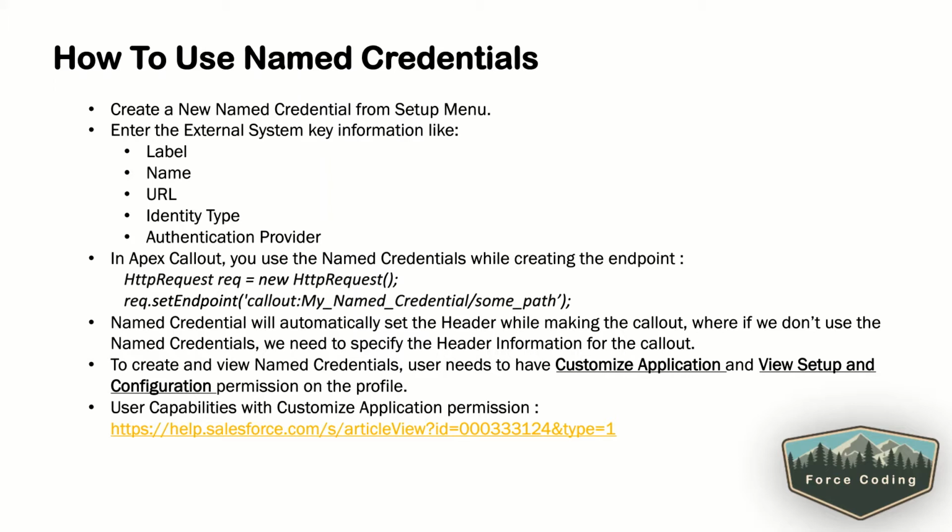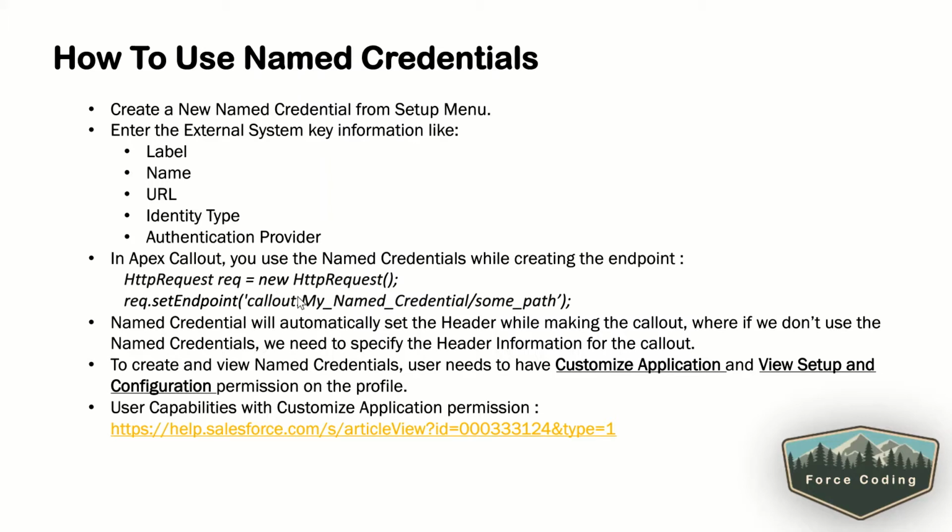And let's say that you have created those name credentials, then how can we refer to them in your Apex callout? It's the code below, like the HTTP request. We can just create an instance of that, and then we can set the endpoint. And as you can see, we just need to declare callout colon and then the name credential name that you specified in your label and name here in the external system information.